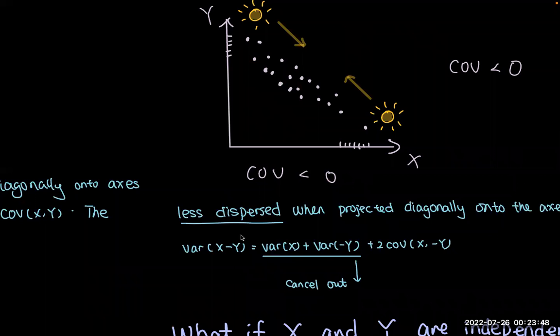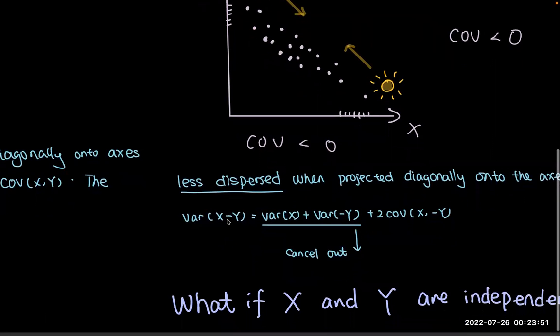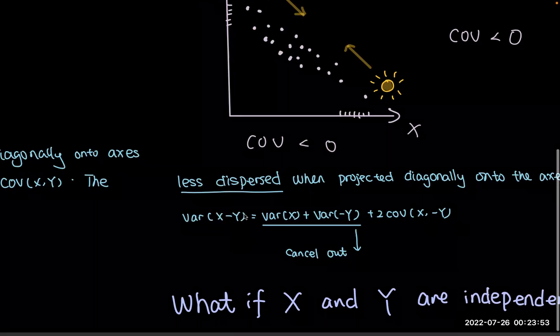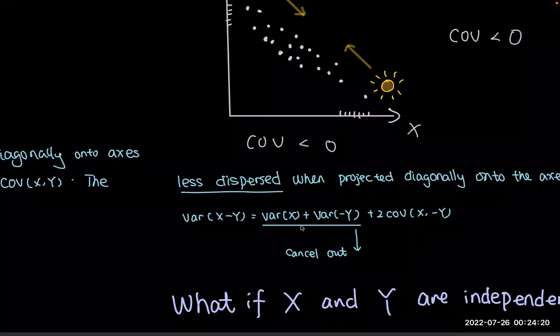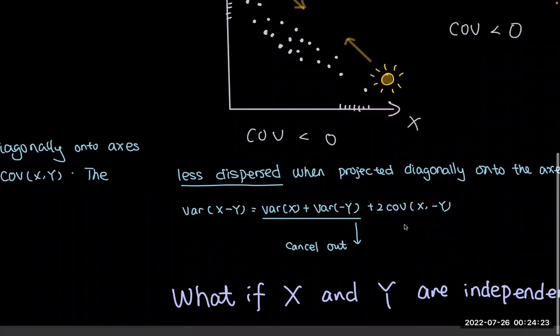So, for example, when we subtract something, say the variance of x minus y, that will be variance of x plus variance of negative y, which is the same as the variance of y, and then plus 2 times the covariance of x and negative y, which is negative covariance of x and y. So if y and x are positively correlated, but you have a negative sign here, you do the cancellation, then you reduce the variance. So that's the idea. It is still based on the same formula that we derived before.